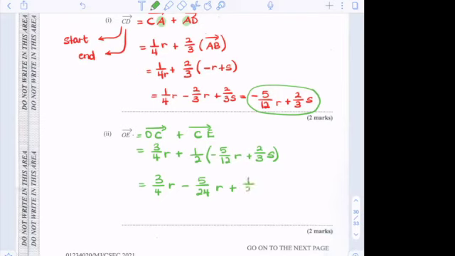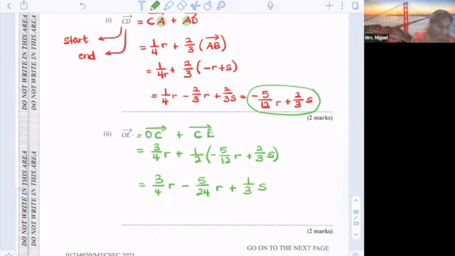Yes, 1/3 S. Now simplify this for me. 3/4 take away 5/24.